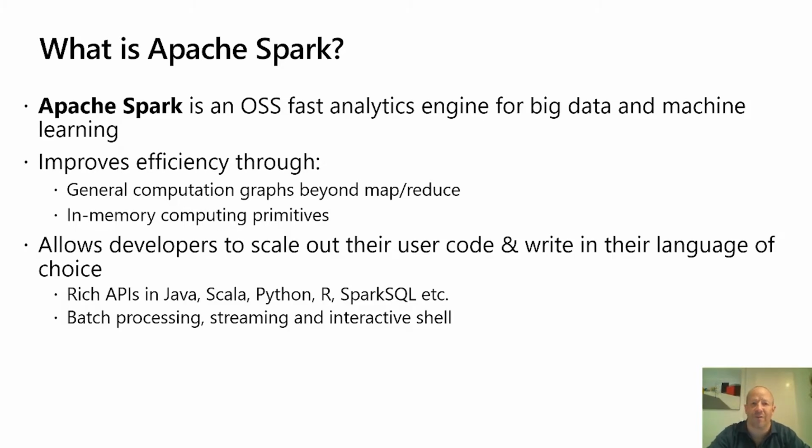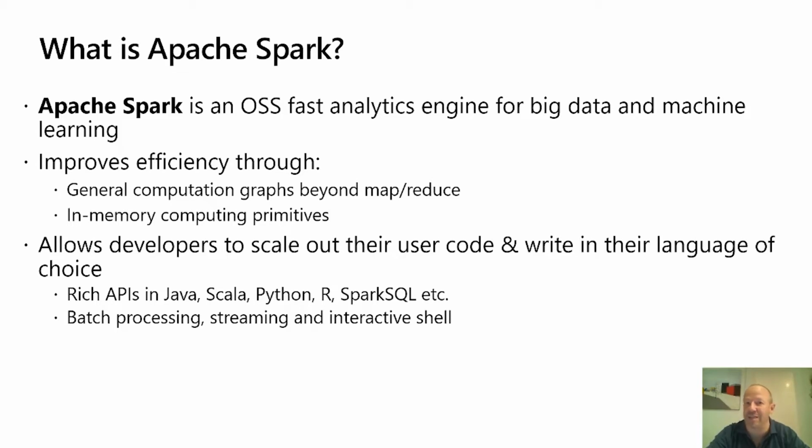It also provides you the ability to scale out your user code and write in the language of your choice. It has rich language bindings and APIs for Java, Scala, Python, R, Spark SQL, and many other languages. It provides you with the ability to do batch processing, but also gives you streaming and interactive shell experiences.